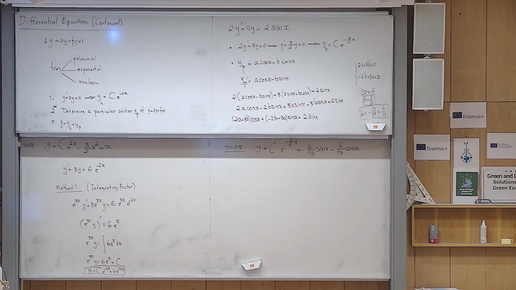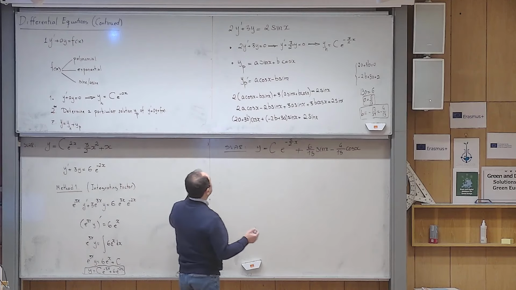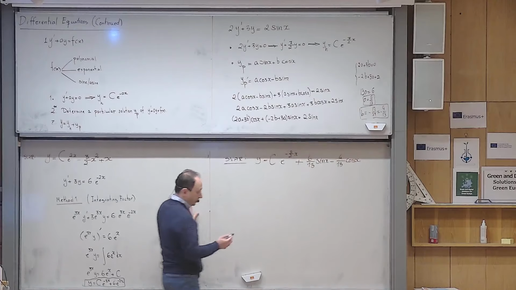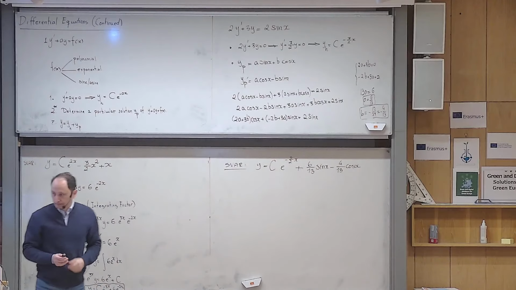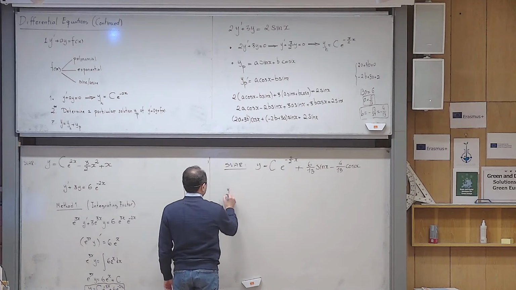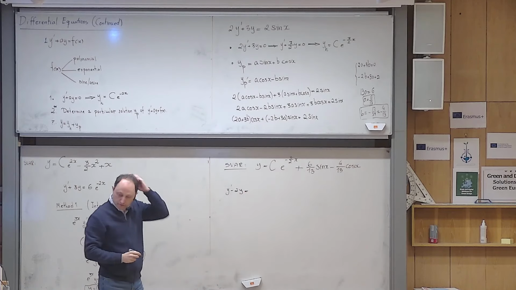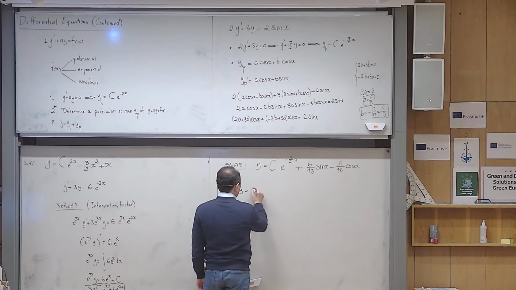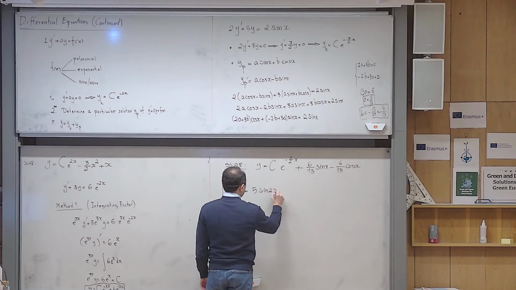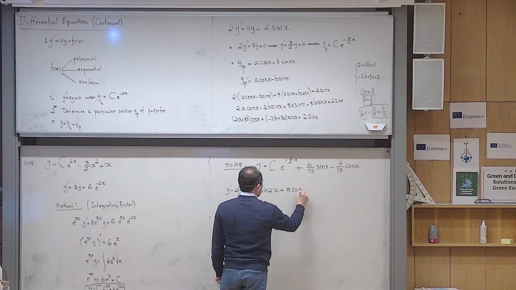Okay, so now let us work a little bit more here. So what do you think? I will give you one problem, and wait for you, okay? So let me write this. y prime minus 2y is equal to 5 sine 2x, and then plus 3 cosine 2x.